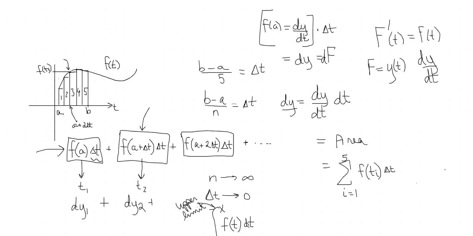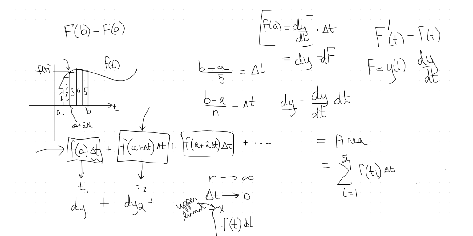We have to imagine that capital F function. But whatever that is, the value of F at b minus the value of F at a would be the net change that's represented by the areas under this f of t curve.